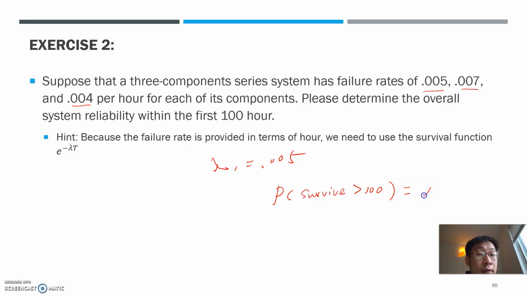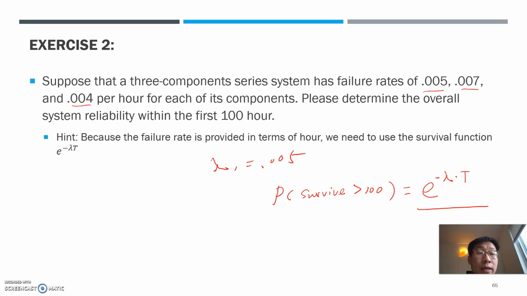Okay, it's nothing but e to the negative lambda t, t being the time here, which in our case is 100. So if you can utilize this, you can obtain the probability that you need to calculate the system reliability.